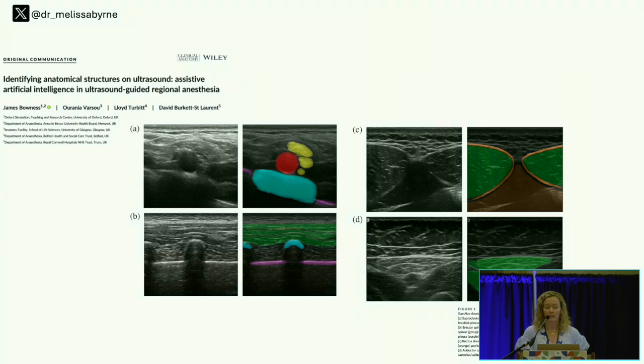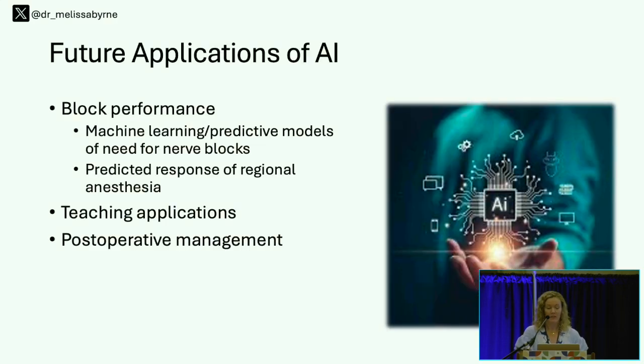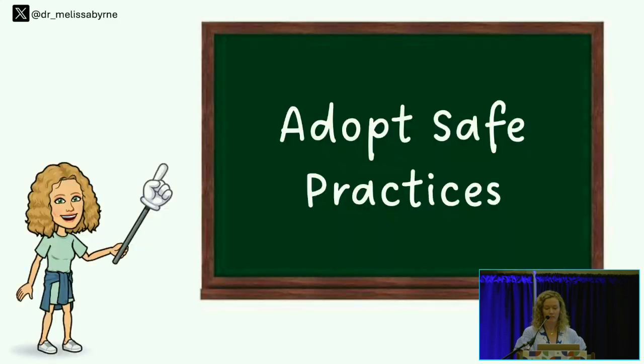It is impressive to see that AI was able to highlight and identify specific anatomical structures in 99.7% of cases and was able to confirm the operator had obtained the correct ultrasound view in 99.3% of images. So yes, there's many future applications of AI, whether it's machine learning, predictive models, of need for nerve blocks, but I can see it most beneficial in the future, the near future, in teaching applications.